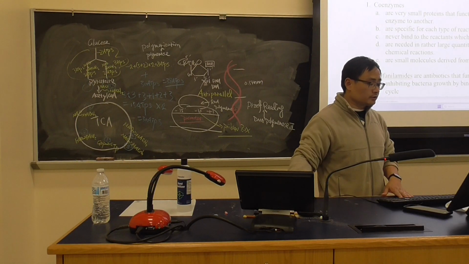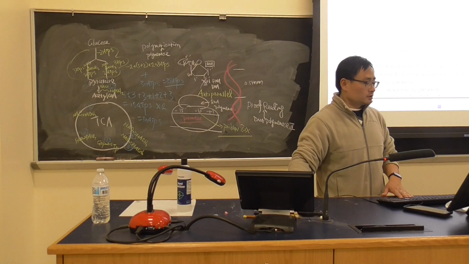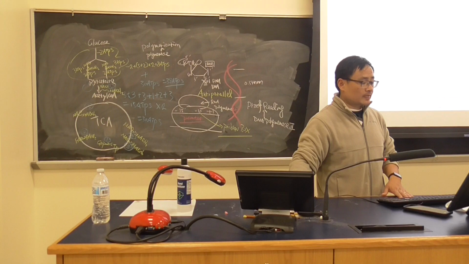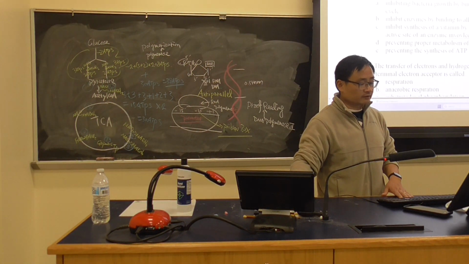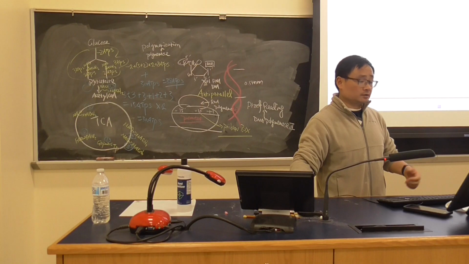That's a small molecule derived from vitamins. Sulfur-made antibiotics function by inhibiting the synthesis of vitamins, competing with the normal substrate for the active site of the enzyme involved in vitamin synthesis. This we already said.